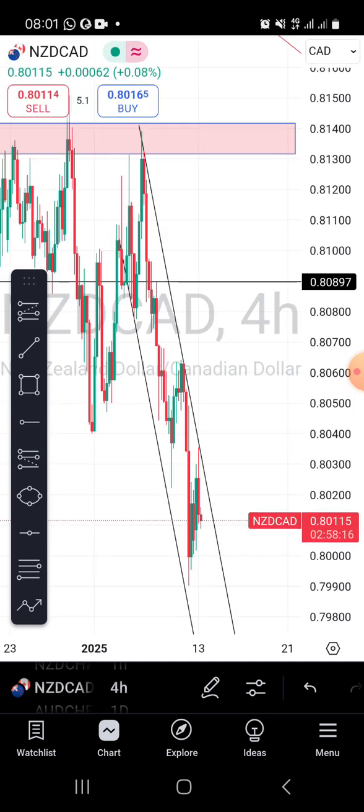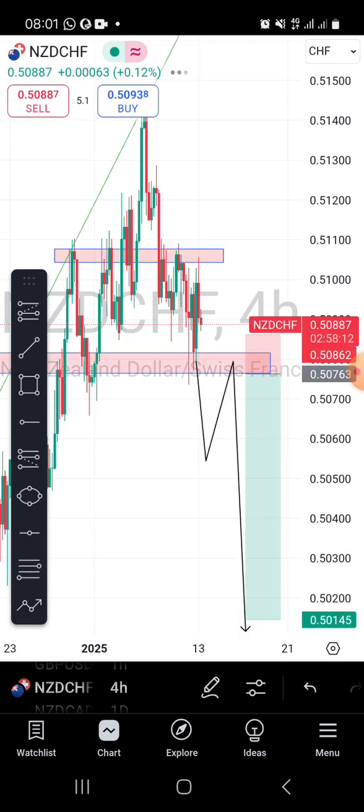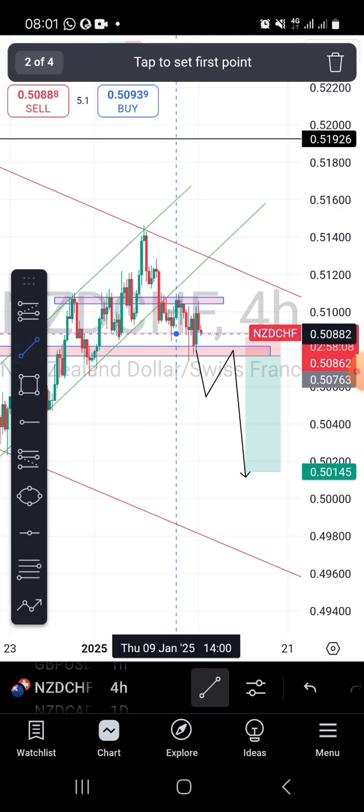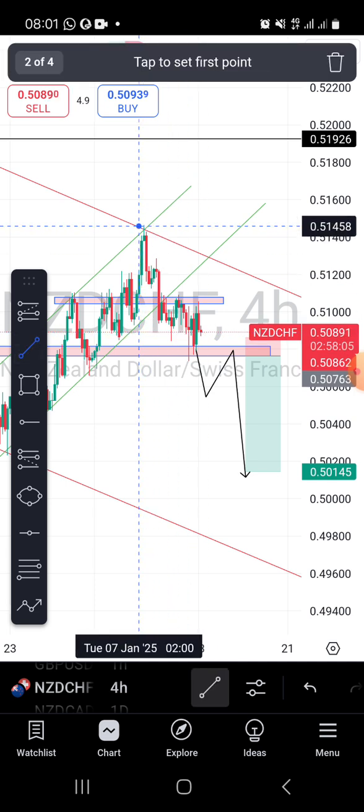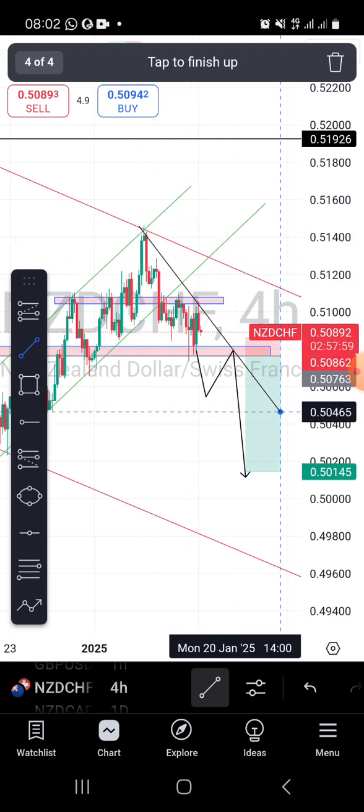Okay, back to NZD-CHF again. I would like to also make another possible entry, something like this. Join this downtrend line to connect to point one, then point two here exactly.